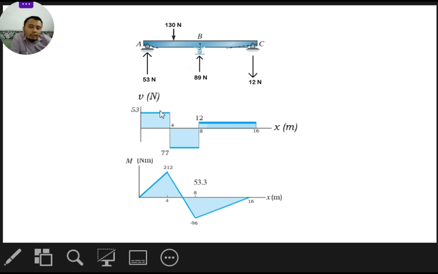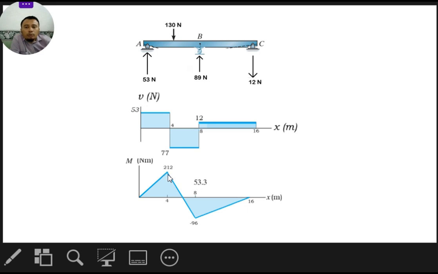So shear force is balanced, and then based on the shear force, you draw your bending moment diagram. As we said earlier, a rectangle shear force diagram will translate into a triangle bending moment diagram, and a triangle shear force diagram will translate into a curve bending moment diagram. As you can see here, the moment is increasing due to the force of AY.